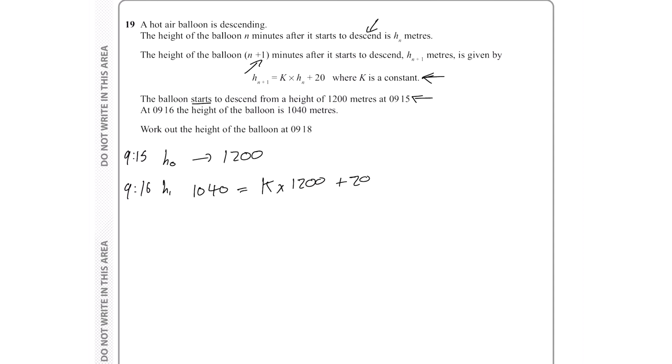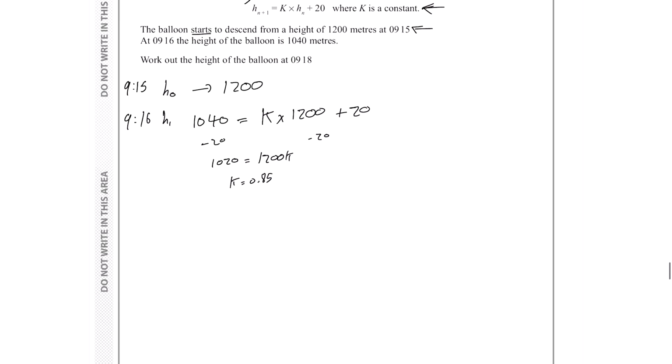Now we can rearrange this equation, subtract 20 from each side, and we're left with 1020 is equal to 1200k, and that gives us k as 0.85. And now if we move on to 9:17, that will be h2.